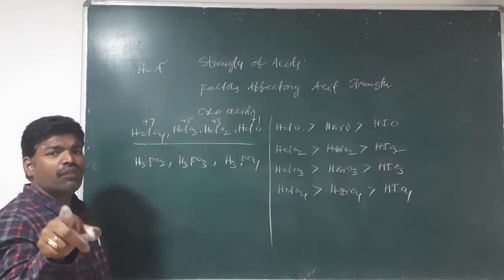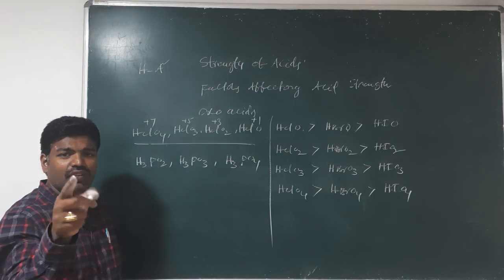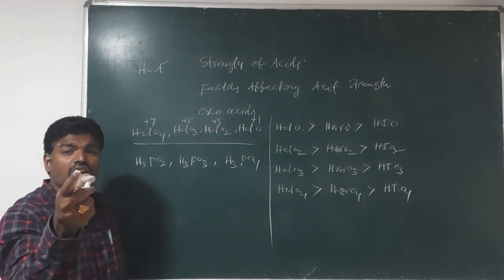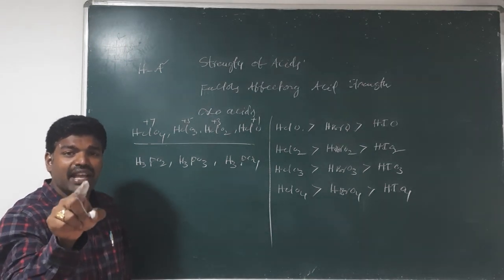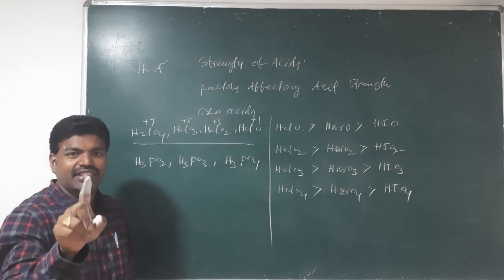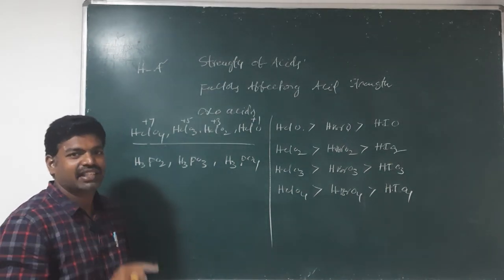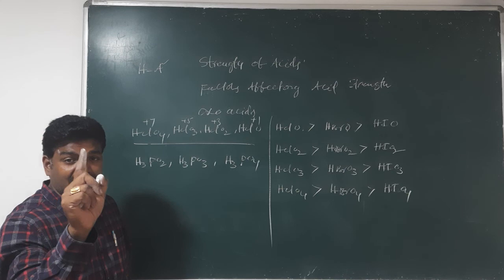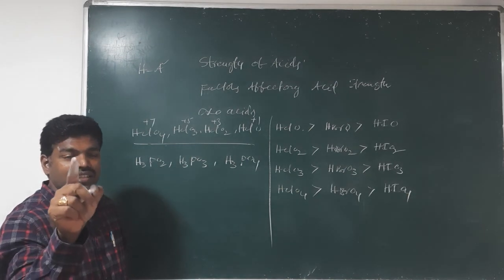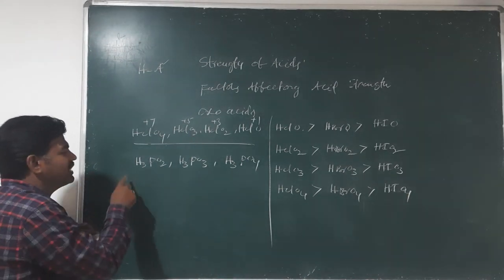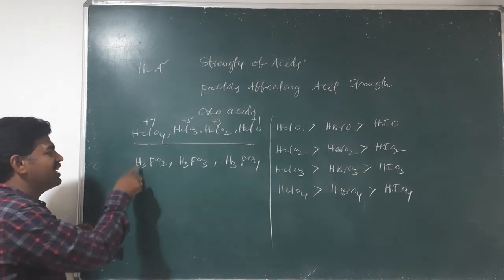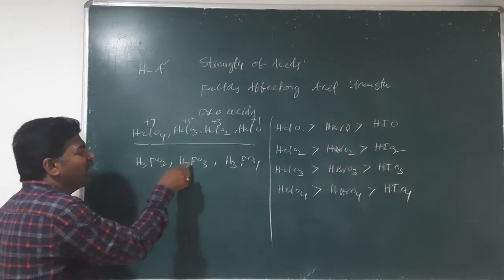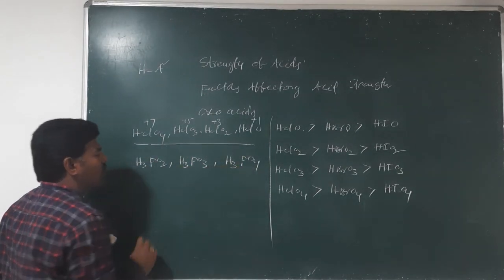What we know when comparing the acidic strength of oxy acids is that the oxy acid in which the central atom has the highest oxidation state is the strongest acid. But there is an exception for oxy acids of phosphorus. Let us calculate the oxidation state of phosphorus in H3PO2, H3PO3 and H3PO4.